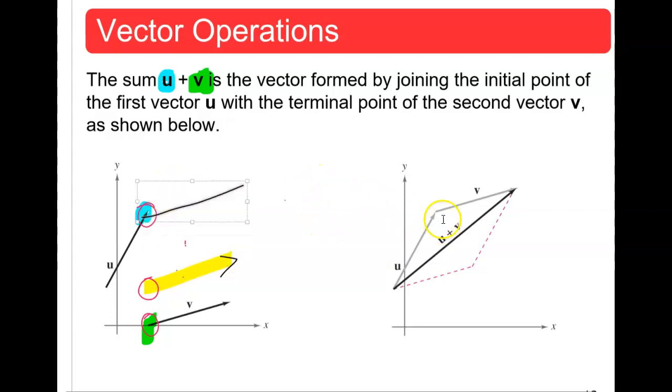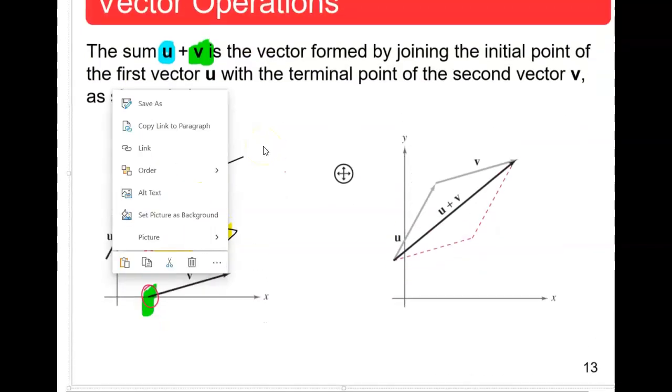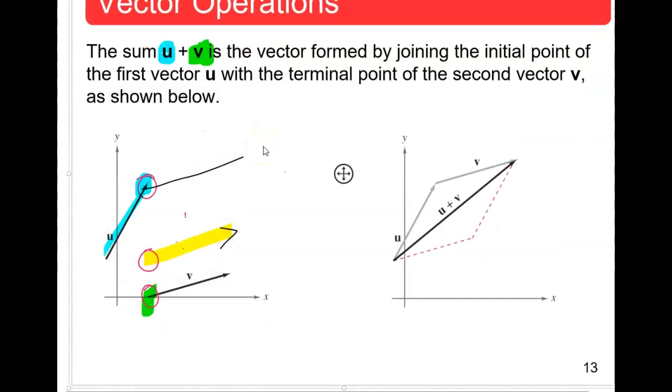And that is actually what you can see here on the right side. Originally we had vector u, and then we had the other vector that we shifted up.